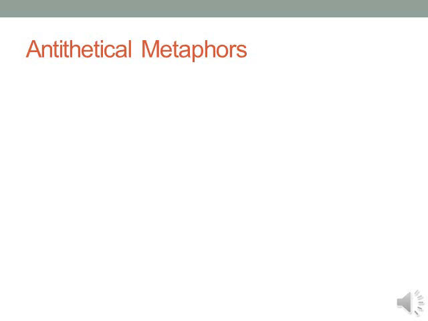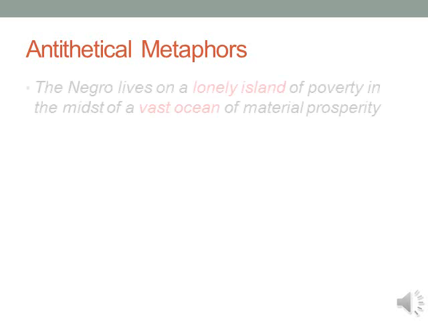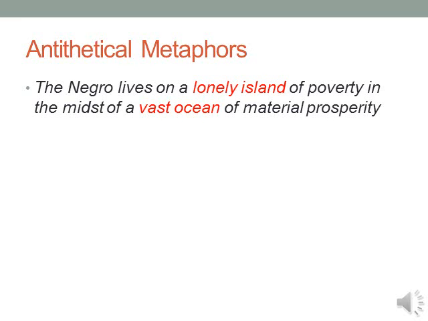Antithetical metaphors are when you have 2 contrasting concepts which show the transformation or the distance between what is and what could or should be. In paragraph 2, "the Negro lives on a lonely island of poverty in the midst of a vast ocean of material prosperity" compares the size of an island with the size of an ocean, emphasizing the isolation of the Negro who lives in poverty, as well as the disparity in income and living conditions.